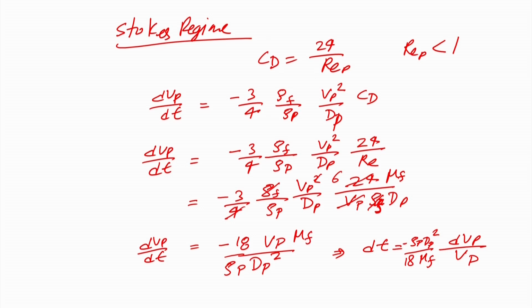Now, we know that rho p dp square upon 18 mu f is what? It is the relaxation time which we have defined with the tau. So, I can say that dt is nothing but will be equal to minus tau dVp upon Vp. Okay. Now, we can integrate it.